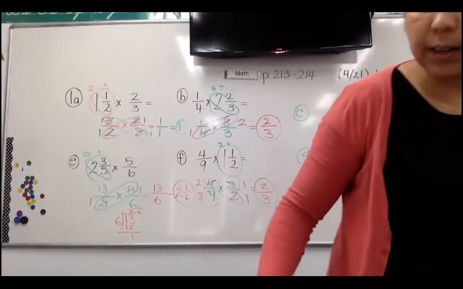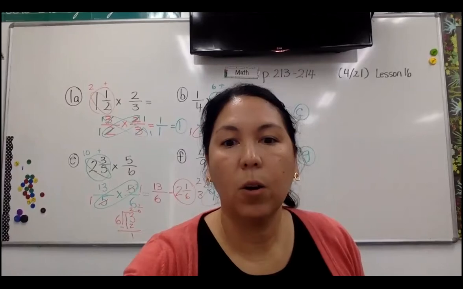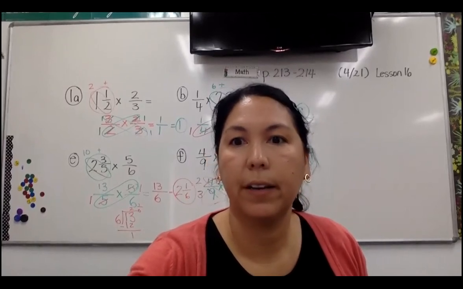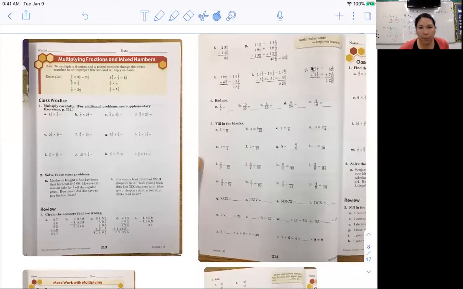All right, so I'm going to get settled here, open up my share screen, and let's look at our set of problems here. Okay, get my pen. Oh, there we go. All right, so we're on the multiplying fractions and mixed numbers.